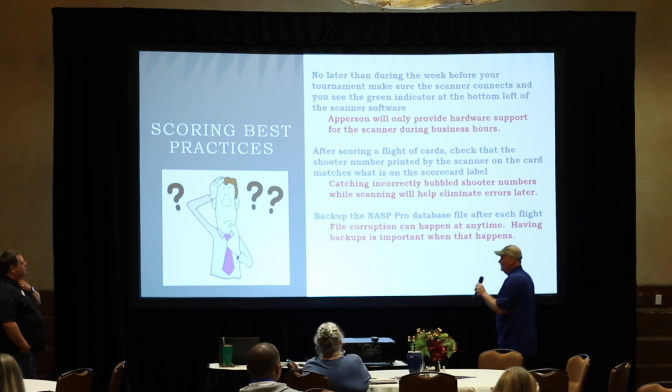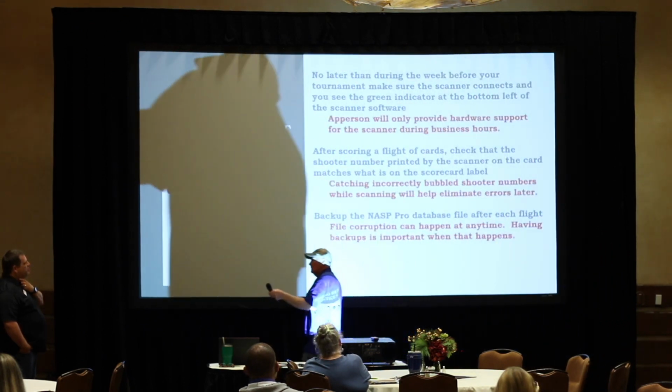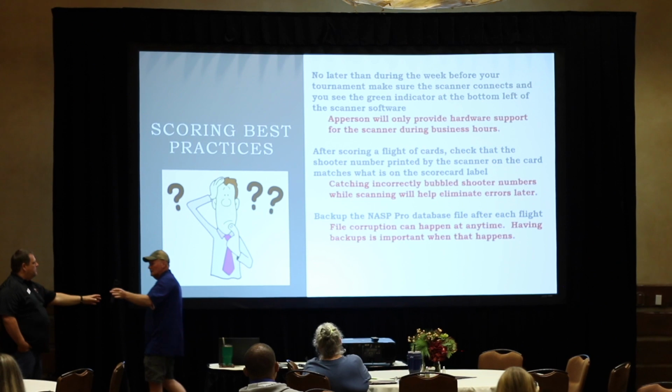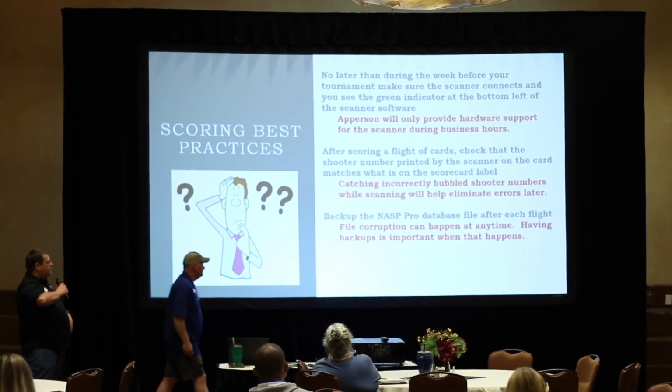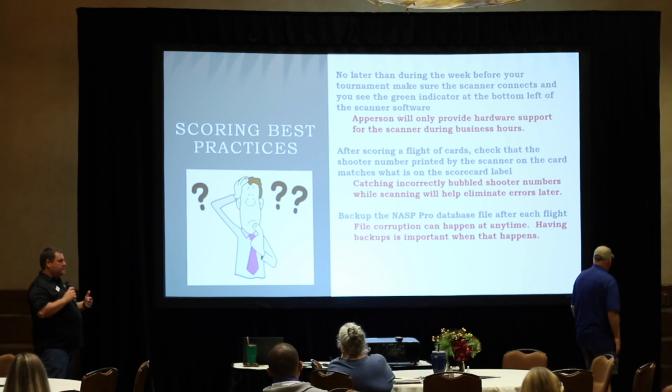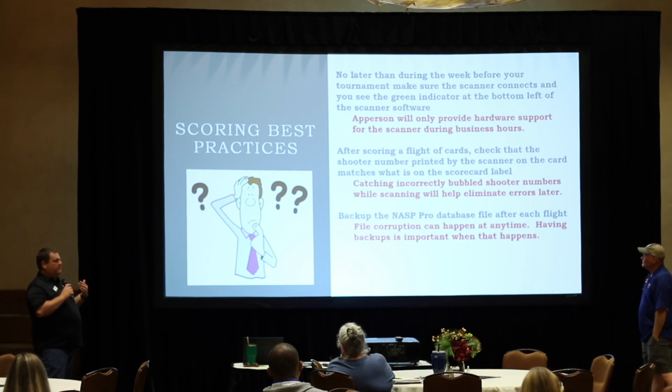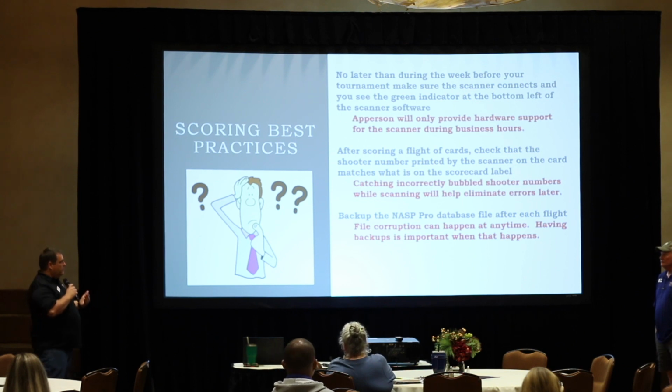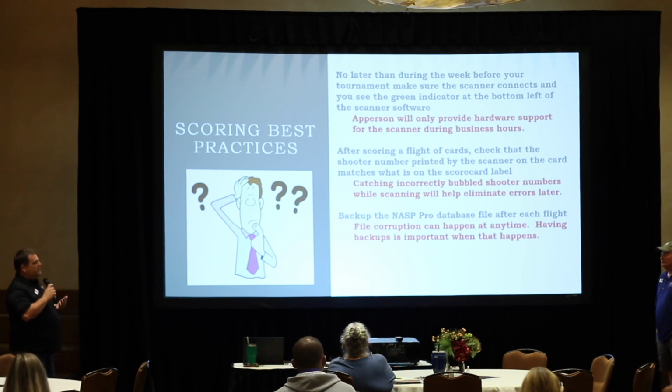So, in the scoring room, when we scan cards, there's a couple of things that we have found that, if you do these steps, will eliminate most of your errors. The big thing is, kids bubble cards wrong, or the coach may bubble it. They bubble a number wrong.